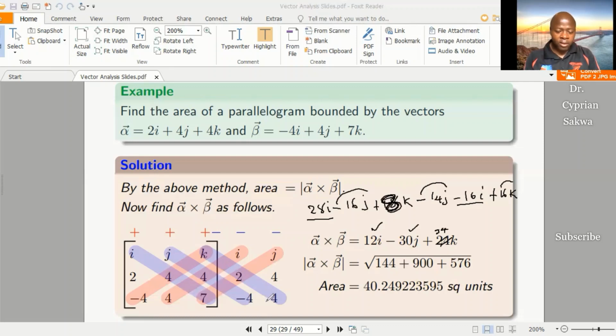This was 8k, not 18. I wrote 18 instead of 8. And this was -16j, and this was 28i. So 8k plus 16k should be 24k. Let me just erase this.